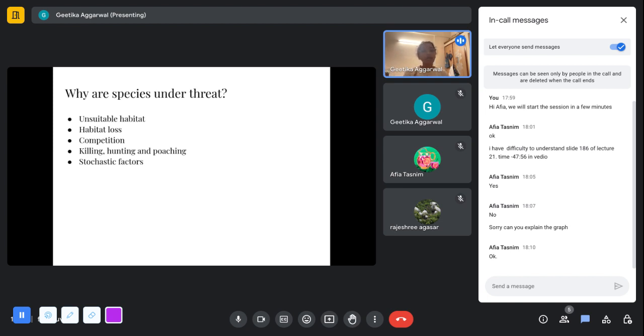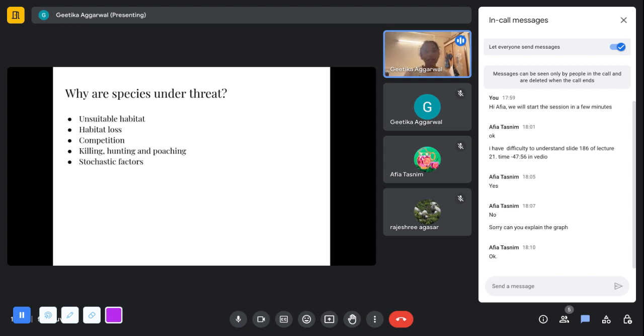Then there could be killing, hunting, poaching, which is carried out by humans for illegal trade or for eating purposes, things like that, or for pet trade or fur trade, all of these things. And then there are stochastic factors, like environmental fluctuations or catastrophes, factors that you cannot determine already.